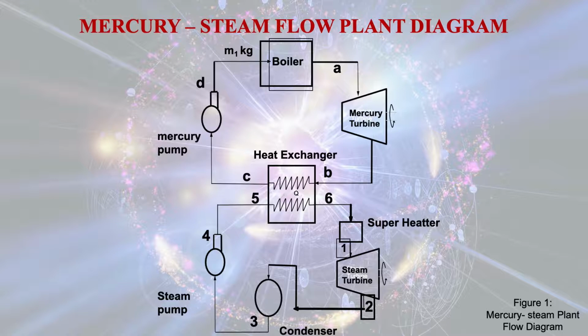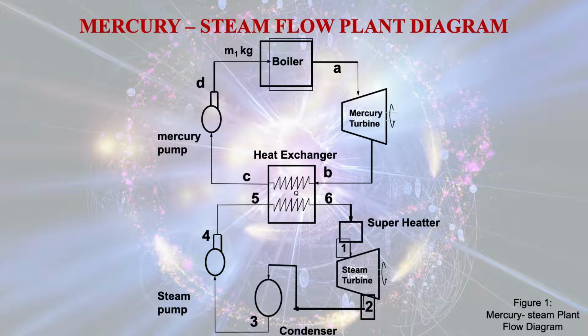At point 1, that means at state 1, it just enters into the steam turbine and it does work from state 1 to state 2, and there is work done by the steam turbine.